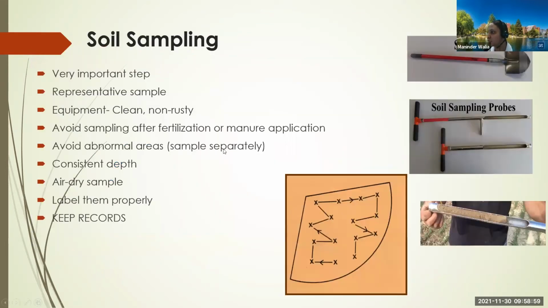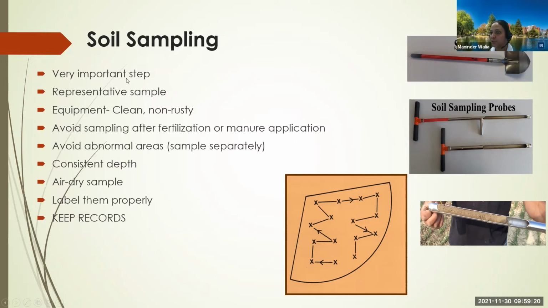So here is a slide about soil sampling. Before planting any crop, it is very important to know the properties and nutrient content of the soil through soil testing. Soil testing is a very important tool for learning about the key characteristics of the soil and its fertility levels.